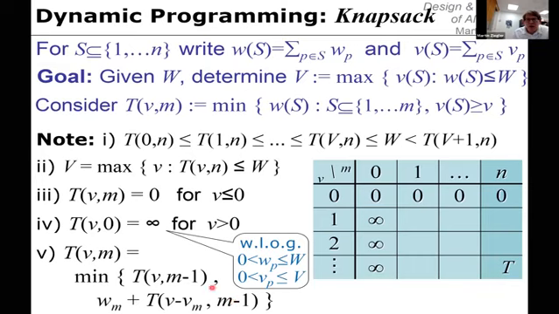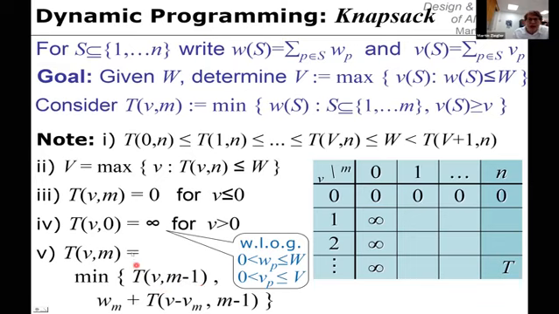Whichever one of the two quantities gives the smaller weight is going to be our solution, our minimal weight, when taking into account the next packet number m as well.